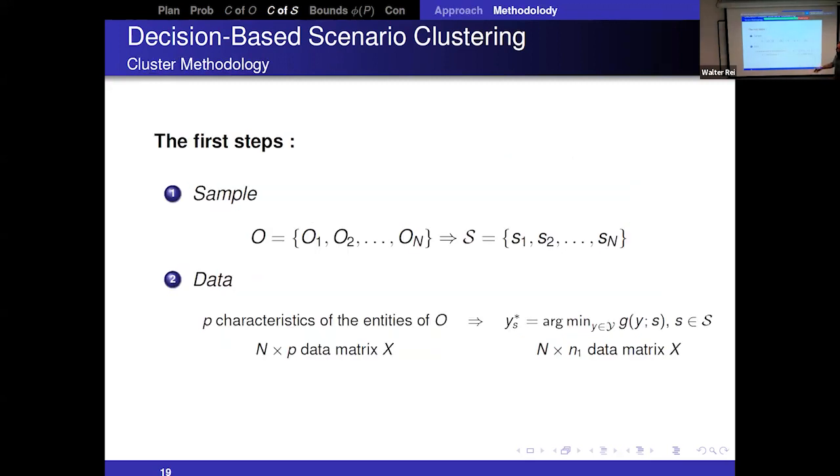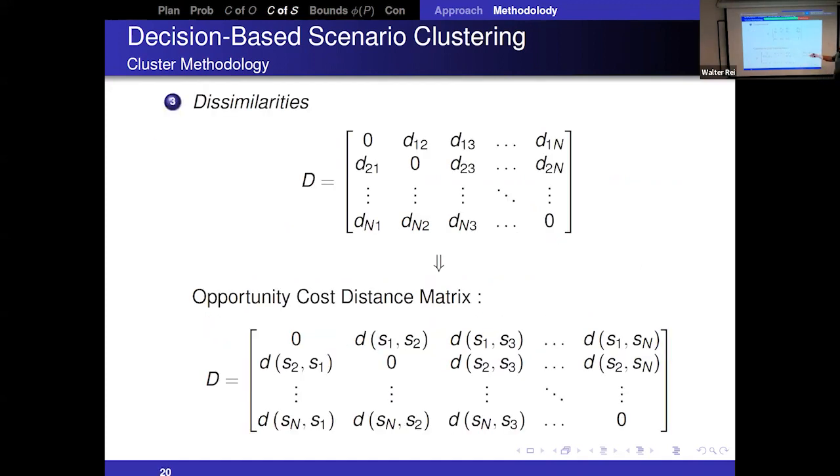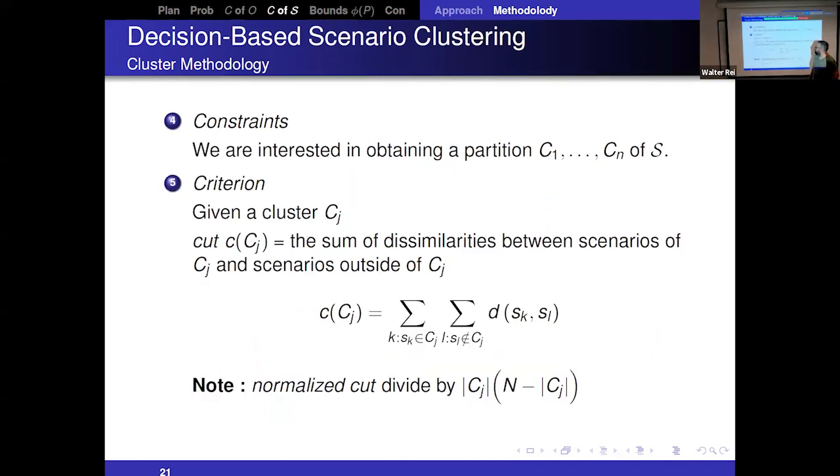Okay, so going through the steps, obviously our entities are the scenarios. The data are these solutions here, right? So again, we're using one single solution, but I'll discuss this a bit more. We could have used multiple possible alternative solutions per scenario. So you get this matrix here. The dissimilarity is based on the opportunity cost function that I mentioned previously.